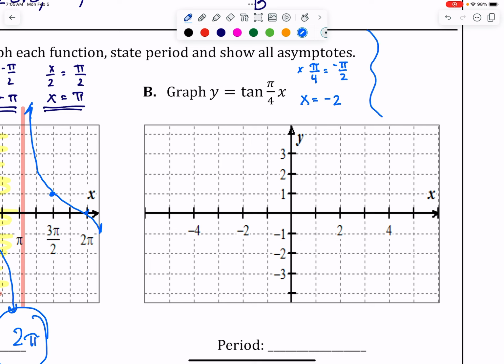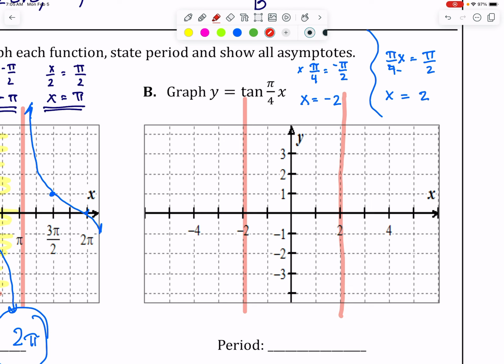And then pi over 4 x equals positive pi over 2, and so x equals 2. So those are our asymptotes, 2 and negative 2. I'm going to go over here, and there they are. And that asymptote repeats in equal intervals.